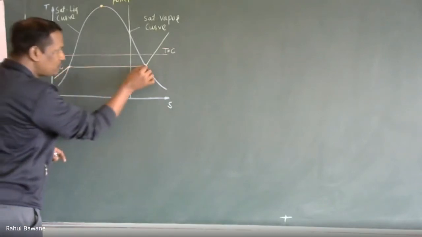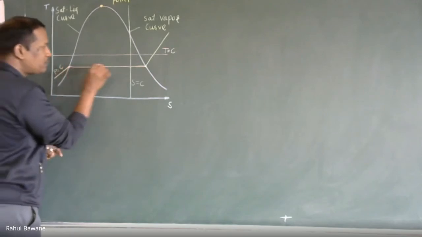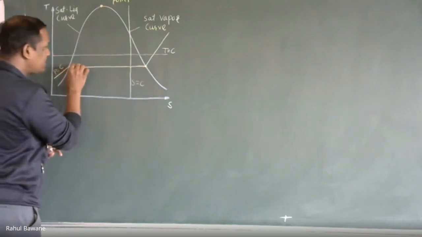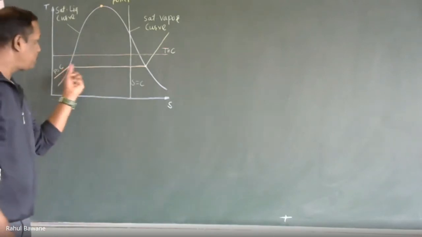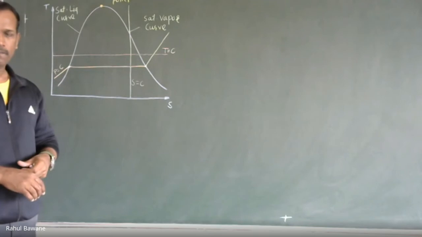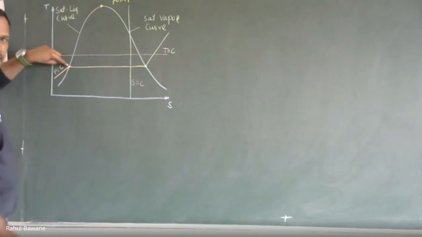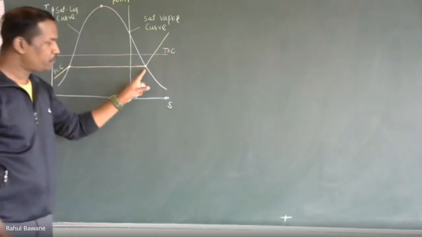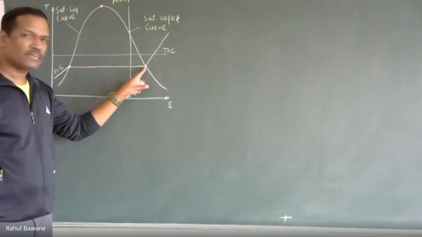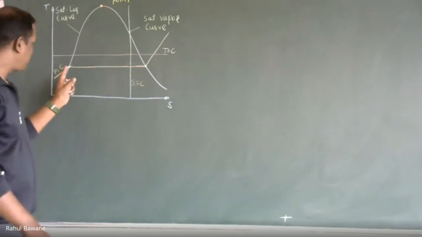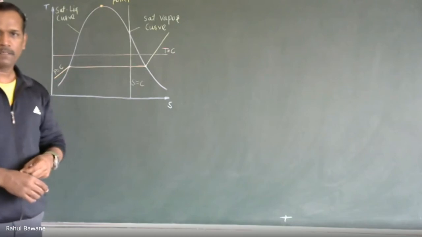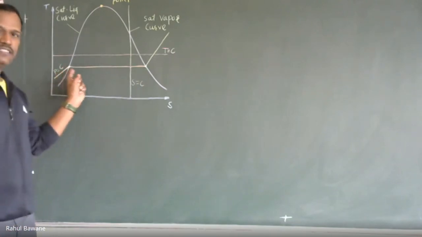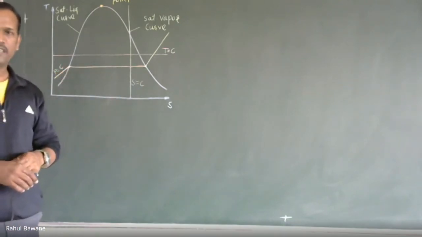And from this to this, saturated liquid to saturated vapor, there is a phase change from liquid to vapor. At this point, the substance is completely in liquid form. At this point, the pure substance is completely in vapor form. And from this to this, a phase change is taking place. And we know that whenever there is a phase change, temperature remains the same.